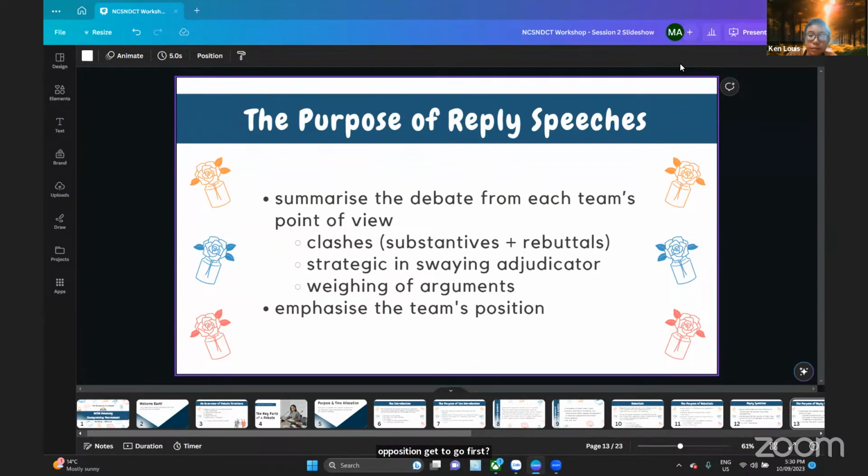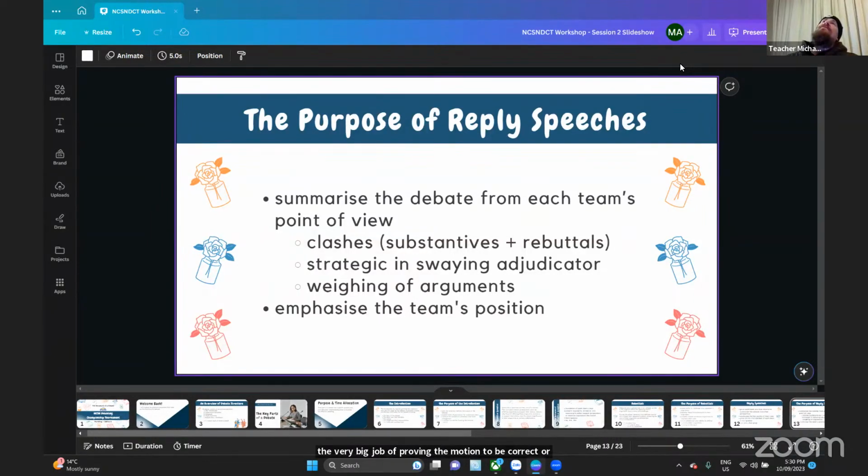The important part about reply speeches is not that the opposition gets to go first, it's that the proposition gets to go last. And the reason for that is because the proposition have the very big job of proving the motion to be correct or to be true.